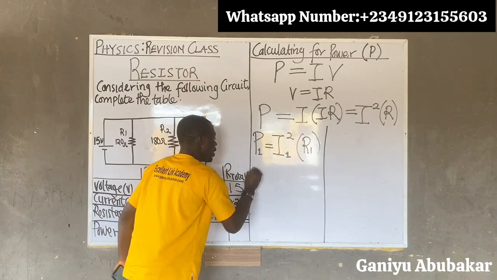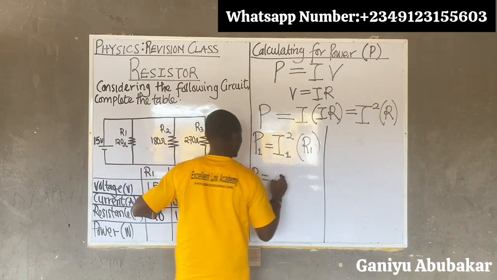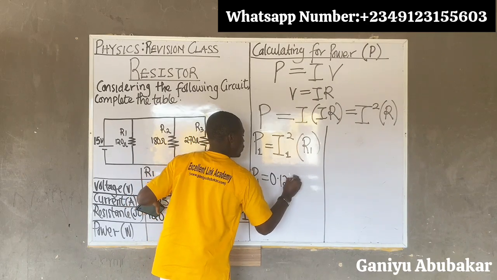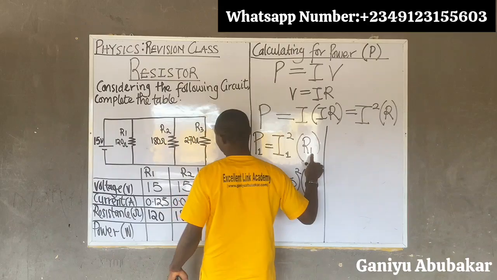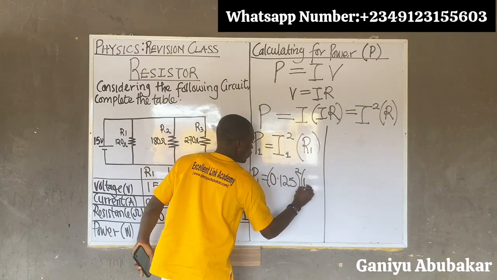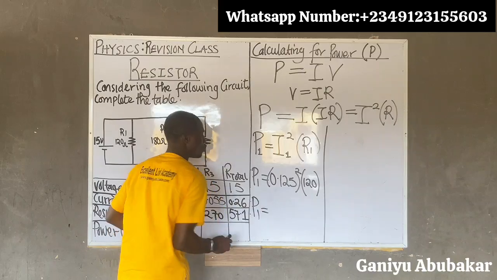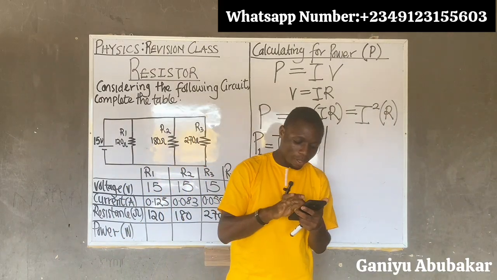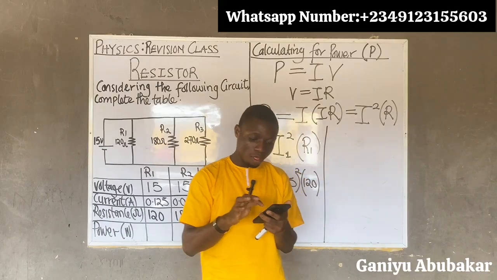So P1 here gives you I1. What's I1? This value, 0.125, all squared, into what's R1? That's 120. So I have 120. P1 will be equal to 0.125 squared, which gives you 0.125 times 0.125.